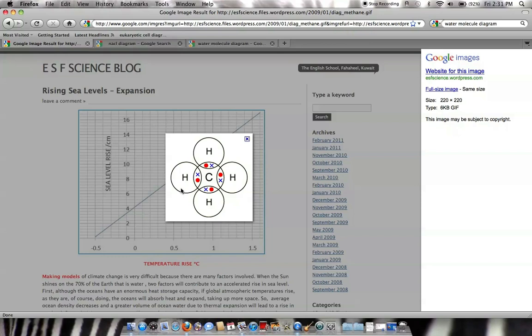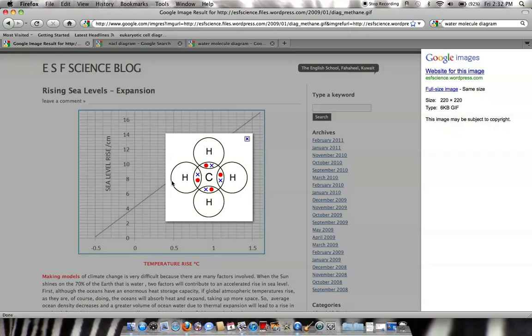So we have our hydrogen atom here, and the hydrogen atom has one electron, zipping around in the orbits, or sometimes chemists will call these different energy levels or different shells.